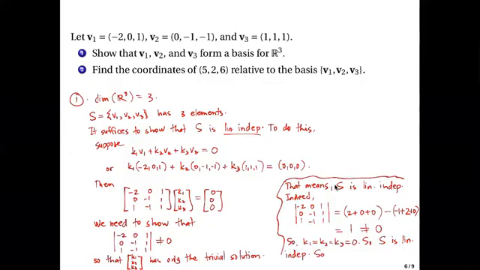So S is a basis. Okay? Questions? That's just for the part 1.